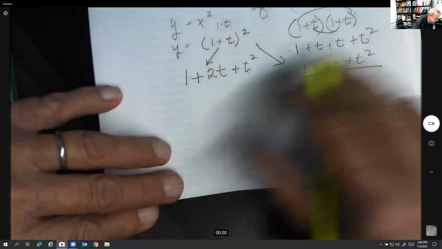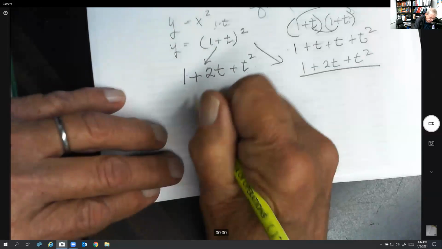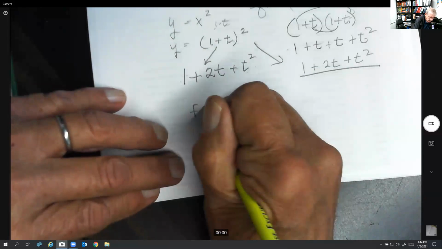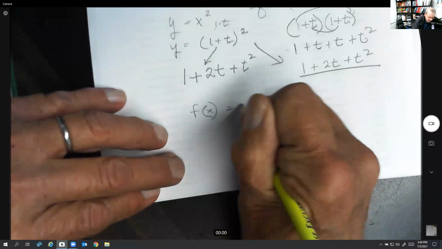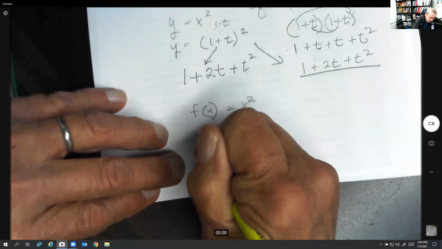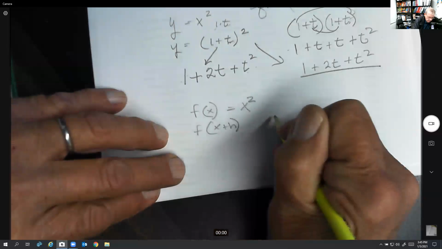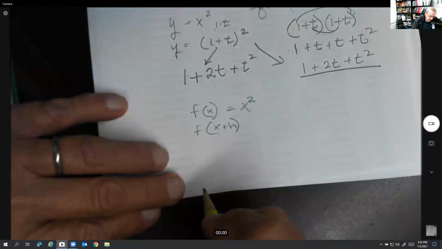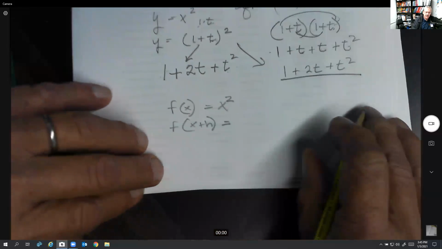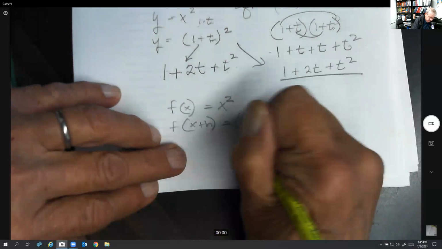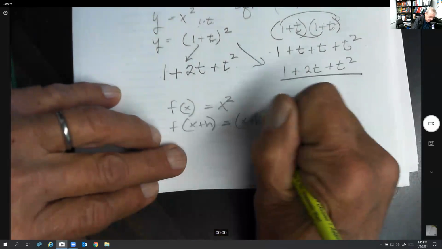Let's try another one. Let's suppose function of x equals x squared. And now we're going to try to figure out f of x plus h. So we're going to put x plus h into this problem. This will be x plus h, squared.